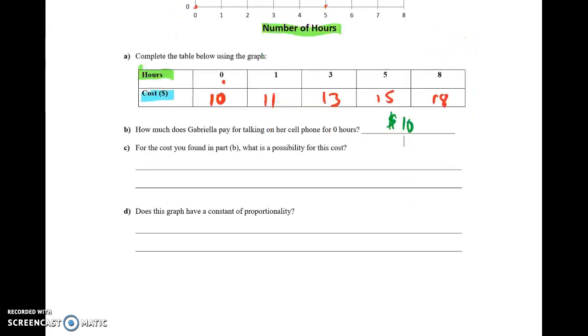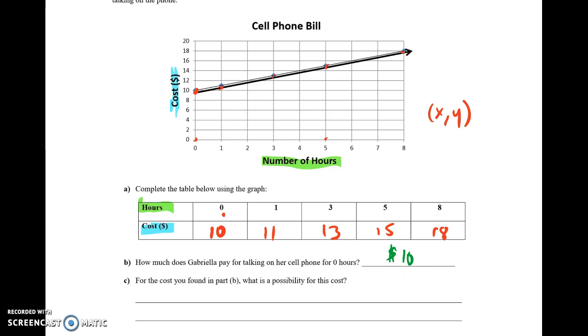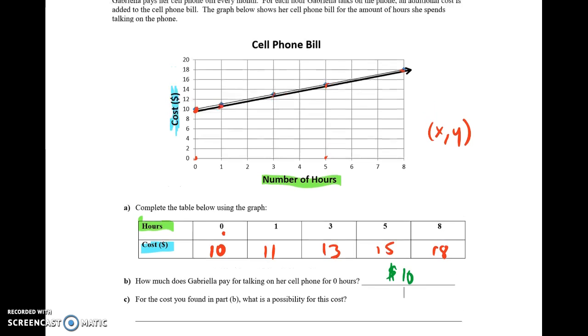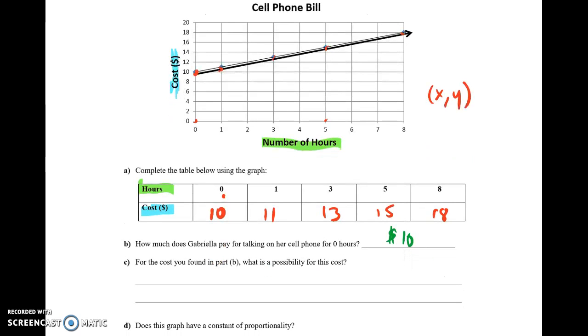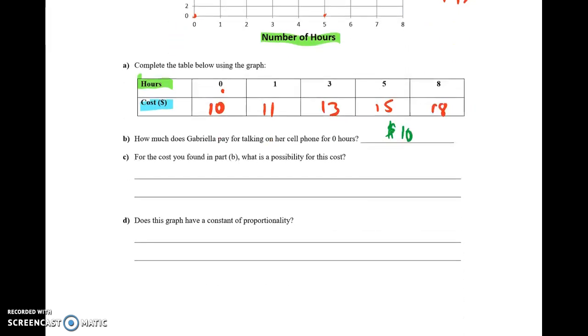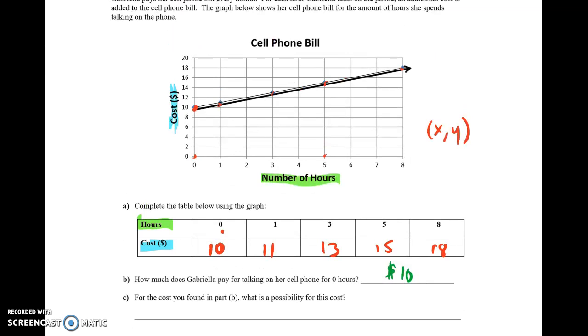And D, does this graph have a constant of proportionality? Well, we said that a graph only has a constant of proportionality if it is proportional. We already said that this graph is not proportional, therefore it shouldn't have a constant of proportionality. So this graph does not have a constant of proportionality.